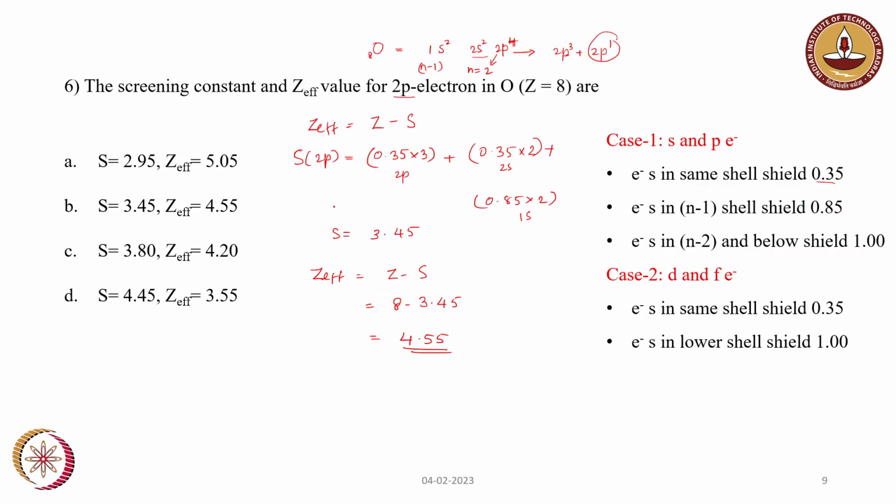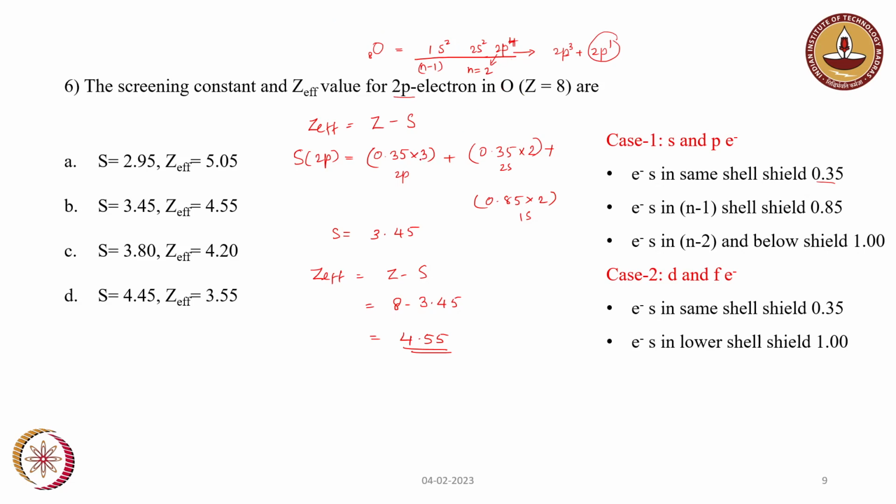And we calculated the screening constant first, then effective nuclear charge. From this rule, we found the shielding constant for 2p. First, we wrote down the electronic configuration of oxygen: 1s2, 2s2, and 2p4.